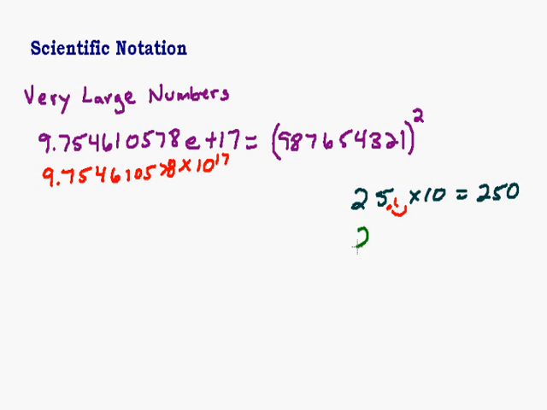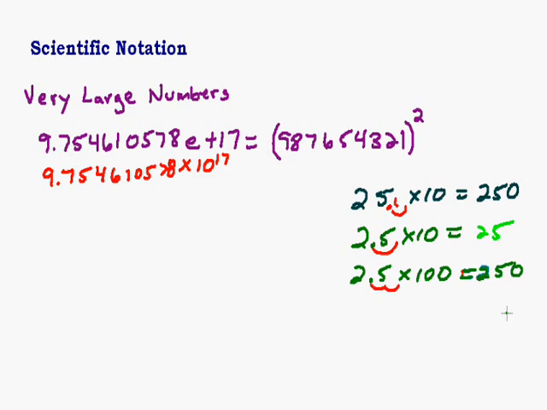If I have 2.5 times 10, my decimal gets moved over one place, and my answer is 25. If I have 2.5 times 100, I have two zeros in 100, so it's going to move my decimal two places, which would give me 250.